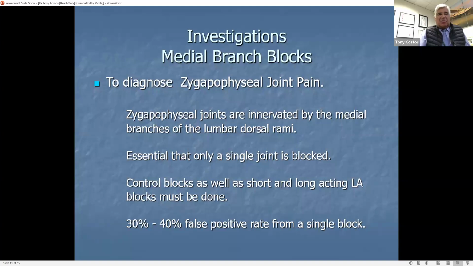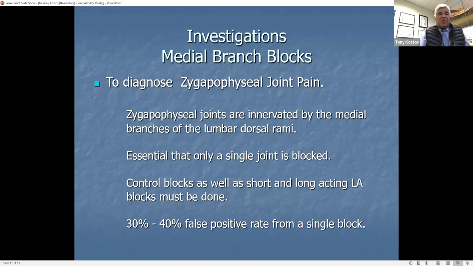So the current trend for these physicians, and also for a lot of surgeons, is to do a bone scan with SPECT-CT. And they think that this can identify patients that have zygapophyseal or facet joint pain, because there's increased uptake in the joints. What they don't understand is the increased uptake occurs in people with osteoarthritis in the joints because they have extra bone.